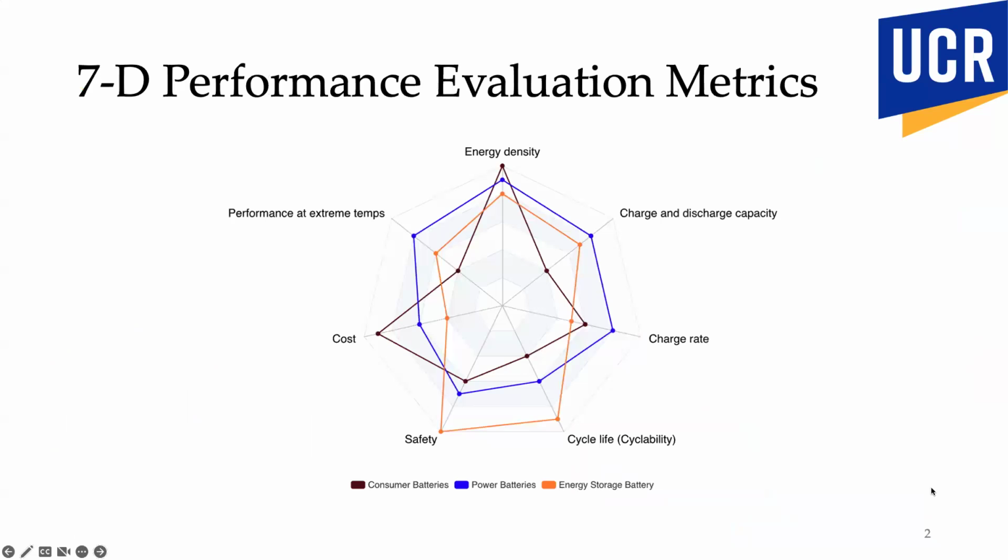There are seven-dimensional performance evaluation metrics to evaluate different types of batteries. These include energy density, charge and discharge capacity and rate, cycle life, as well as safety.